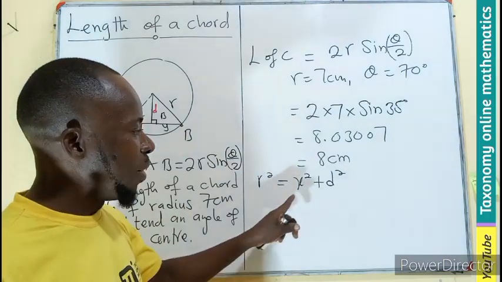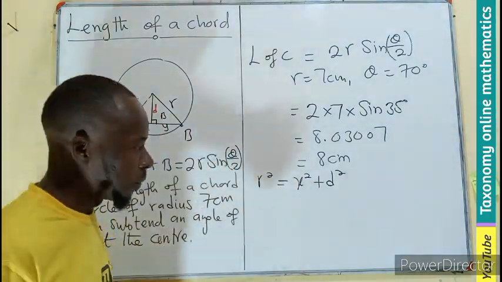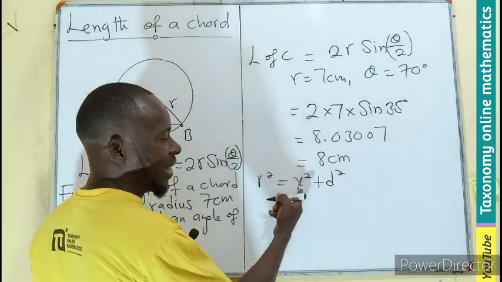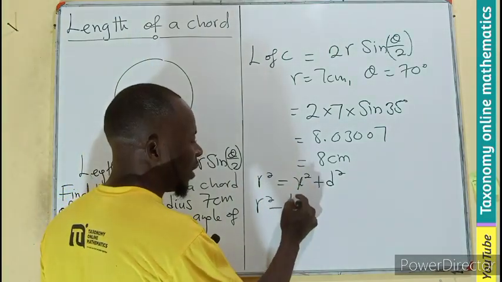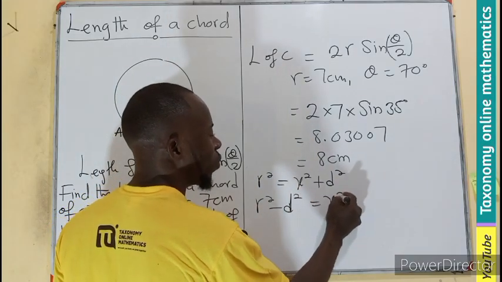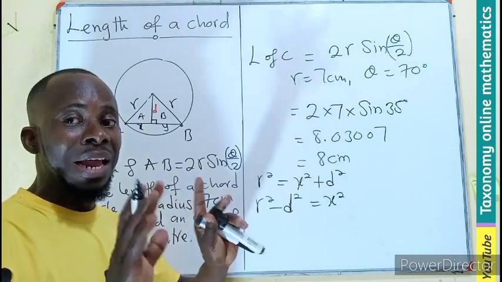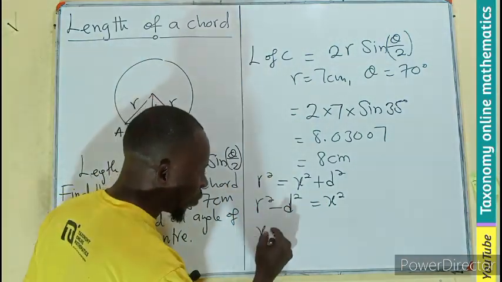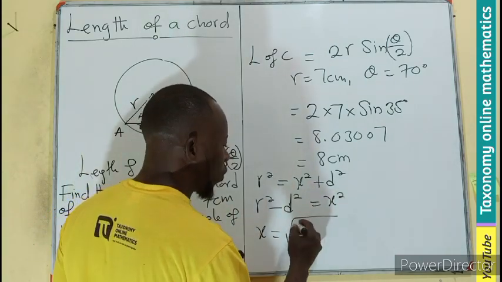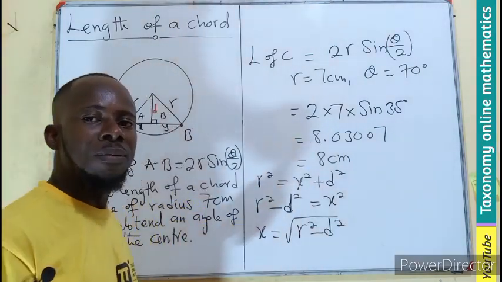But don't forget, we are paying attention to the x, which is part of the chord. So that means making this the subject, r squared minus d squared will be equal to x squared. Let's make x the subject alone by finding the square root of both sides, meaning x will be equal to the root of r squared minus d squared.